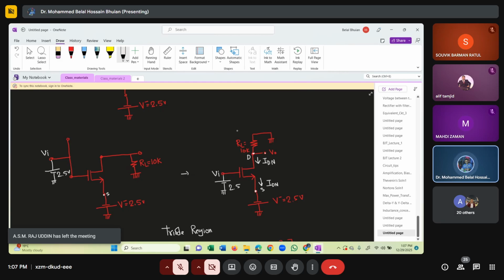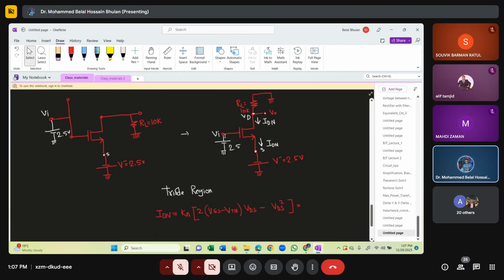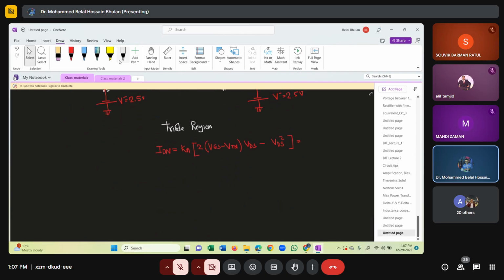So what is another IDN? IDN can be written as 0 minus VD divided by RL.